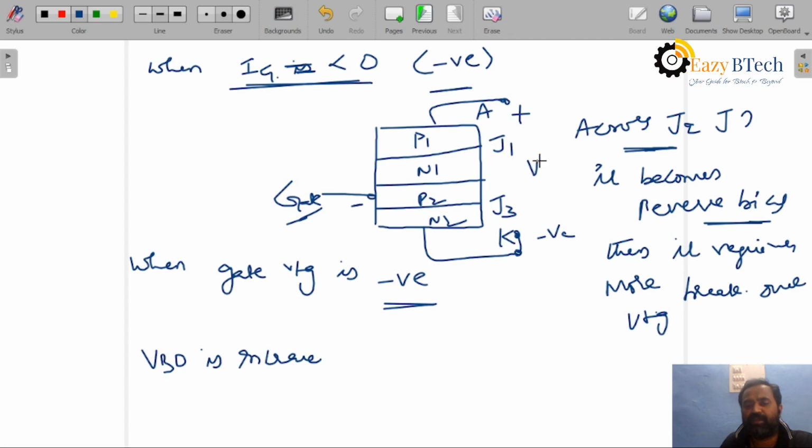After this, as the anode to cathode voltage is increased further, it starts conducting and the SCR turns on when it exceeds the breakover point. Is it clear? It means as a negative voltage is applied to the gate, the breakover point is increased. That is the concept.